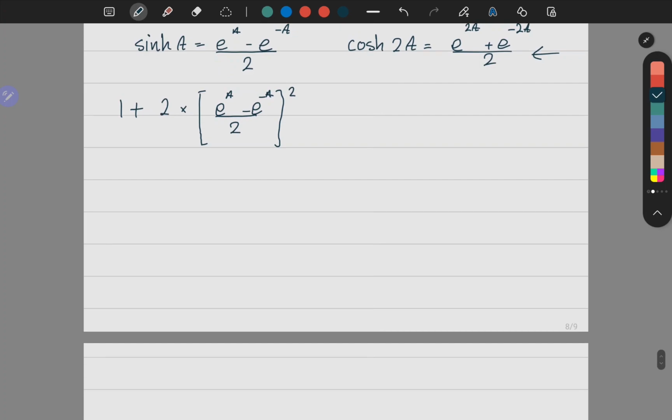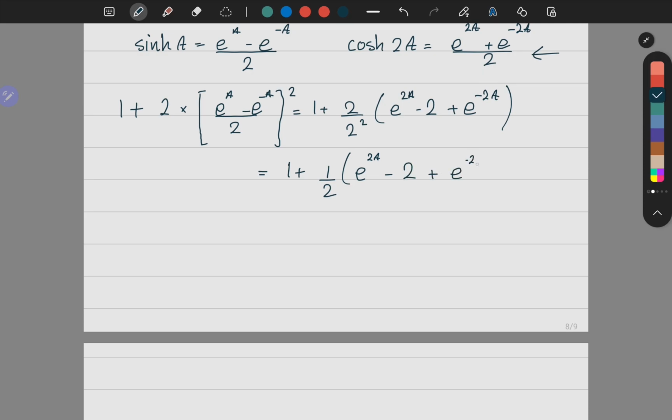Now you should be able to square this fairly easily. 1 plus 2 over 2 squared times e to the power 2a minus 2 plus e to the power minus 2a. Okay, so 1 plus, this is just going to be 1 over 2, e to the power 2a minus 2 plus e to the power minus 2a.